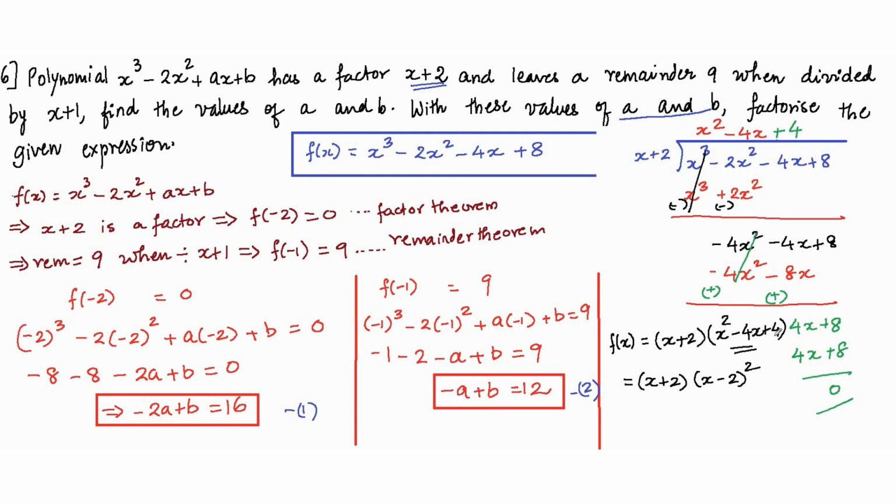Take the product and sum and then factorize it using splitting the middle term method, right? So this helps you factorize the given expression. And therefore, f of x can also be written as x plus 2 multiplied by x minus 2 the whole square. This is the factorized form. So let me again wait for a couple of seconds for you to grasp what was done on the board and then we will continue.